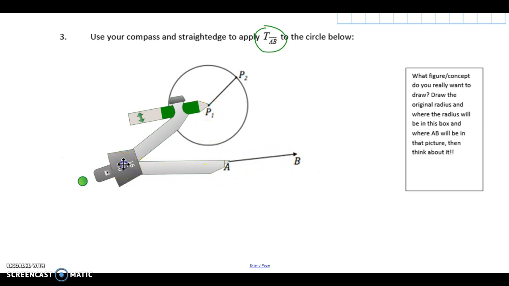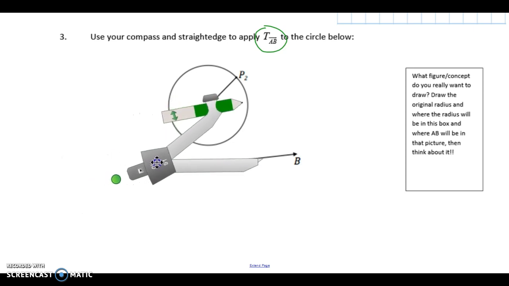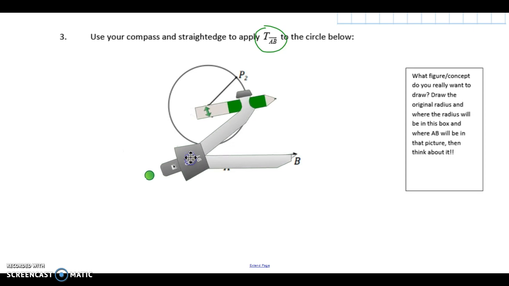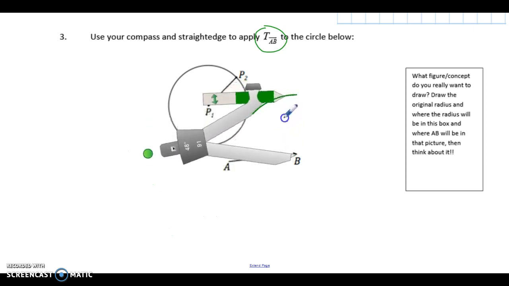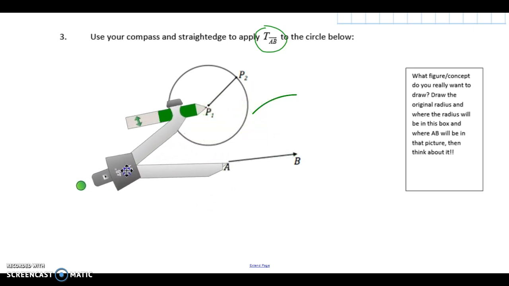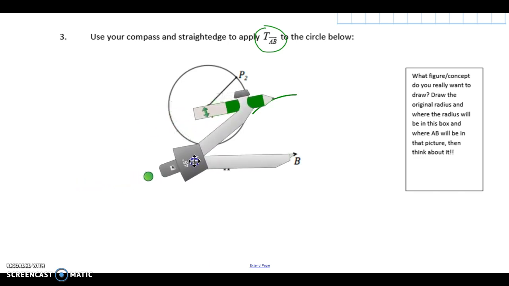So I'm going to take my compass and slide it across this vector. Don't worry if you slide it perfectly or not. I'm picturing myself actually sliding there. And now I'm going to mark with my compass this arc that P could lie on. So again, I slid that from here to here.